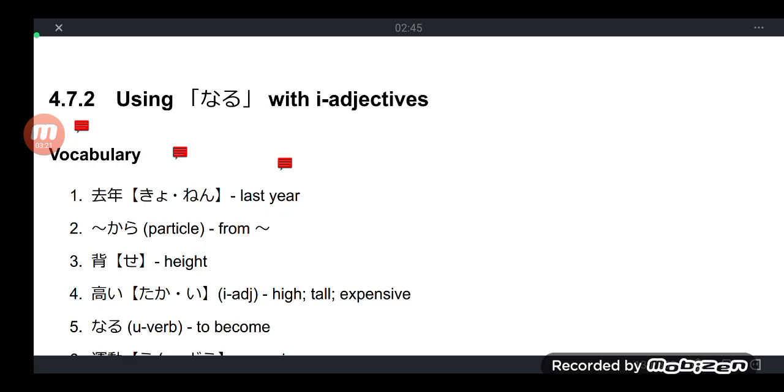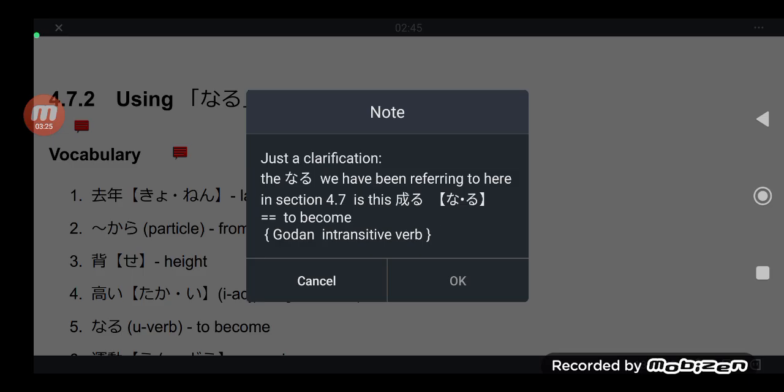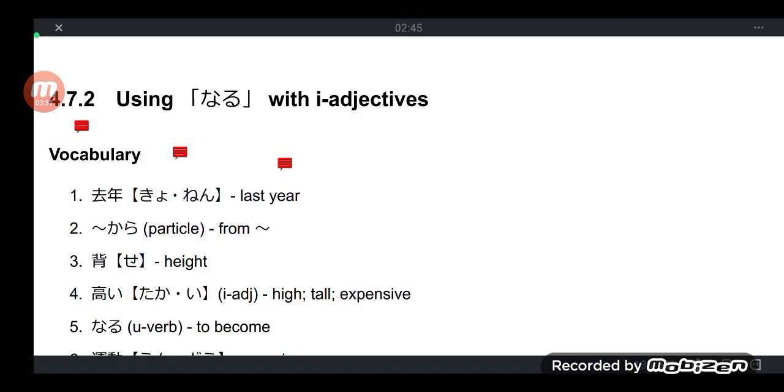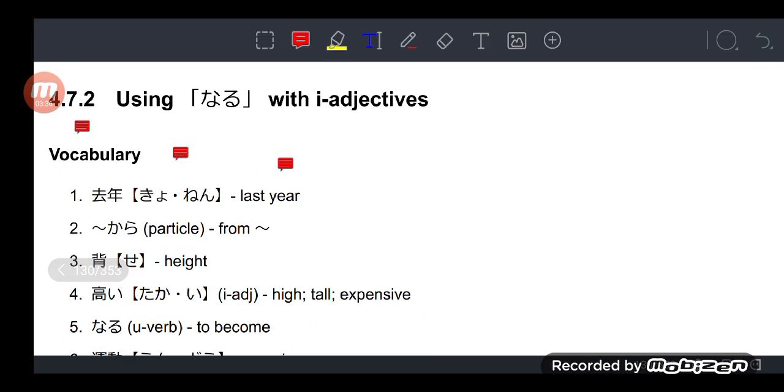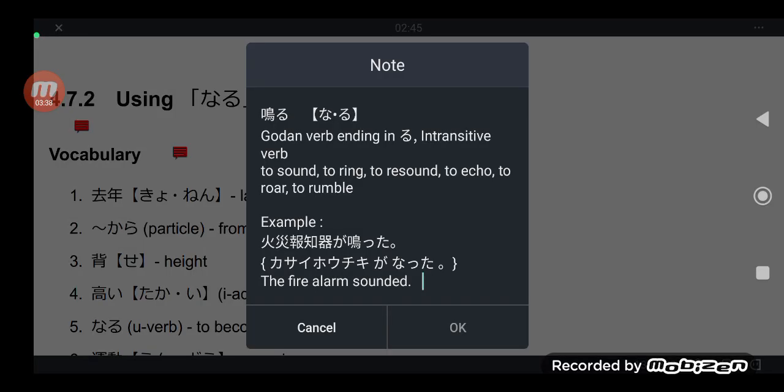And because we have two kinds of naru, this is the first kind of naru, which is the one being used in this section 4.7, and the second kind of naru, so that you will not be confused. The second kind of naru is this naru, also a godan verb and also an intransitive verb, but take note of the meaning.